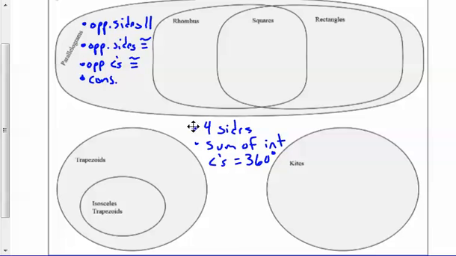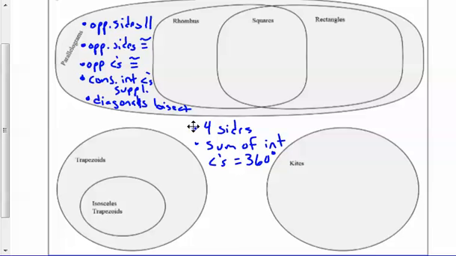Consecutive interior angles are supplementary. And its diagonals bisect. Those are the properties of parallelograms that make them special.